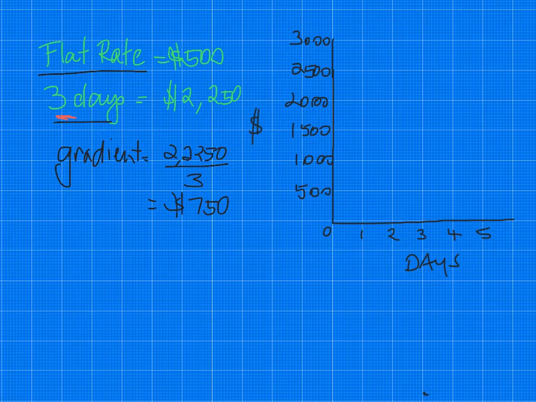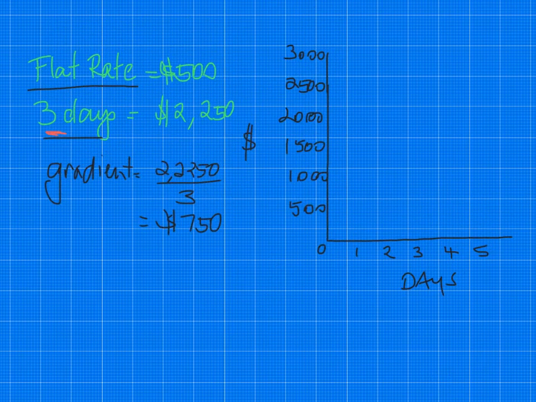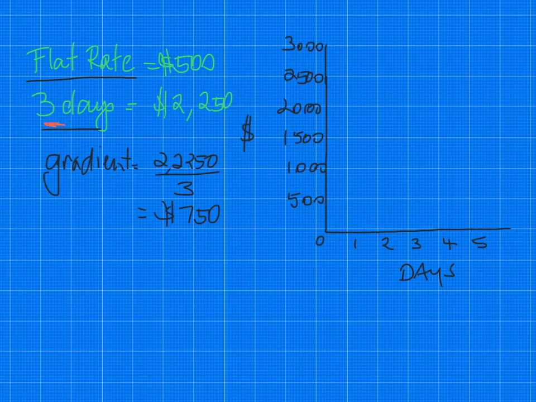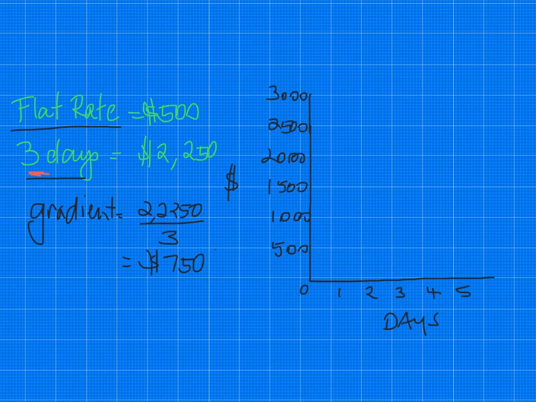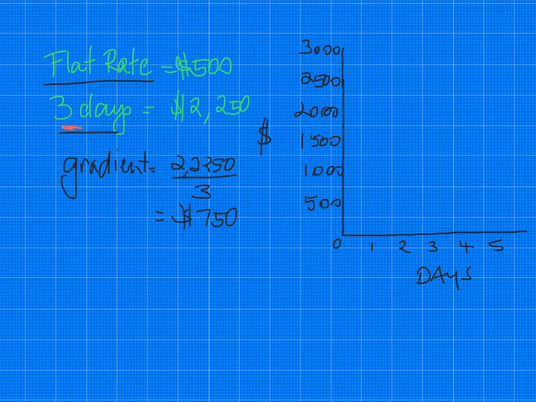So that's my gradient, and it also is my daily rate. What we're saying here is for every day you work, you get $750.